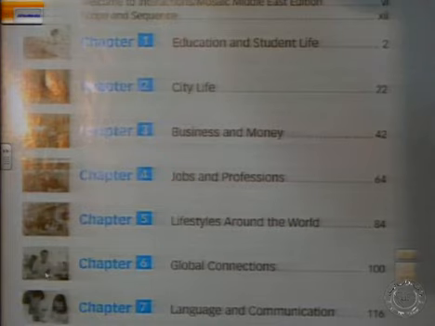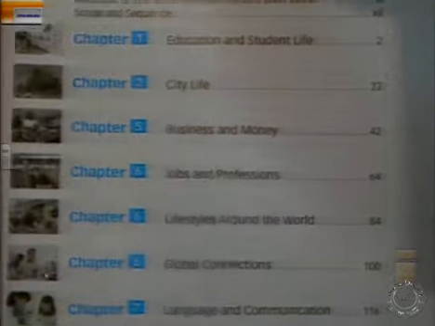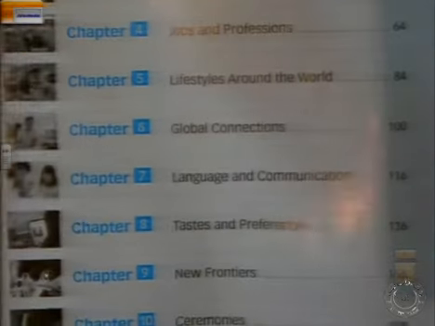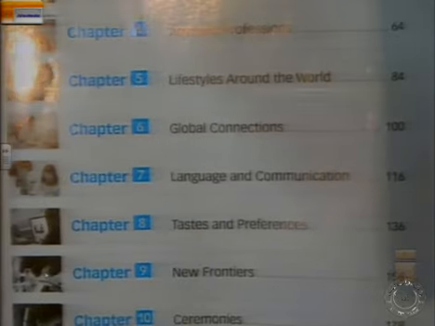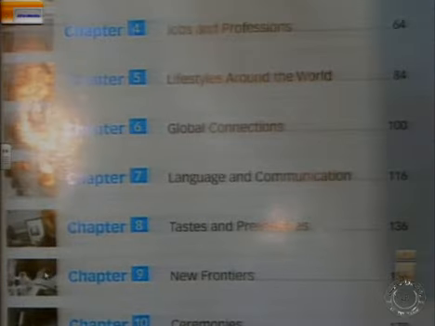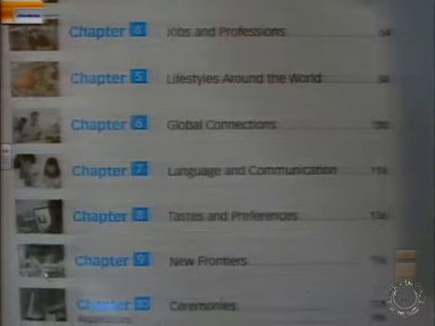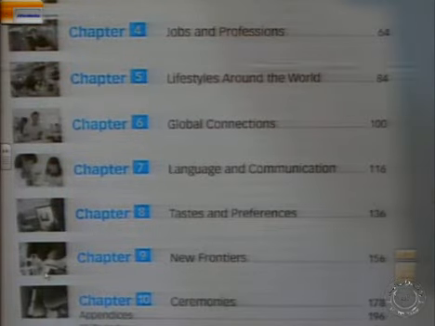Chapter 4, Jobs and Professions. Chapter 5, Lifestyles Around the World. Chapter 6, Global Connections. Chapter 7, Language and Communication. Chapter 8, Tastes and Preferences. Chapter 9, New Frontiers. And the last chapter, Chapter 10, Ceremonies. Those are the 10 chapters that you will study in this book.